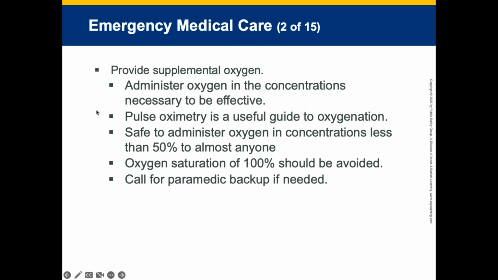So let's go back a little bit. All right, let's have a discussion on this one here. How do we know what percentage of oxygen is being administered? It's safe to administer concentrations less than 50%. Okay, so what devices do we have that deliver a percentage of oxygen at a lower number?